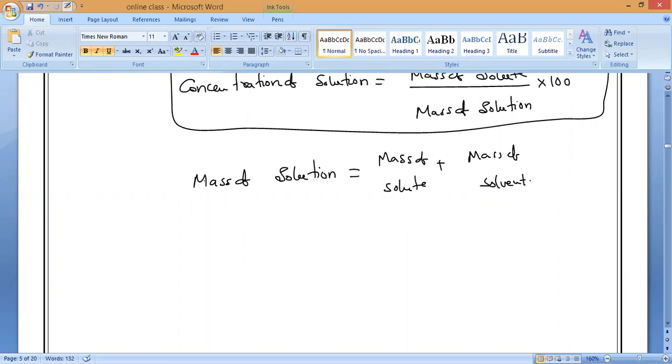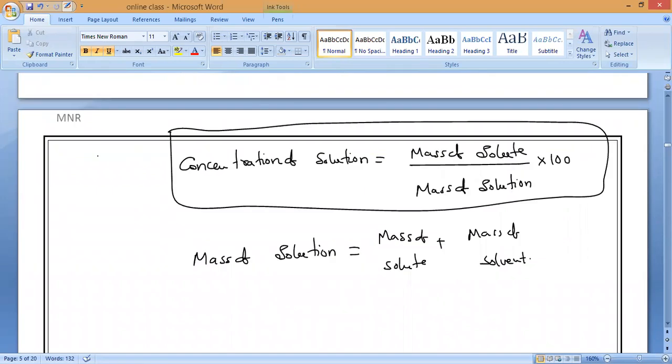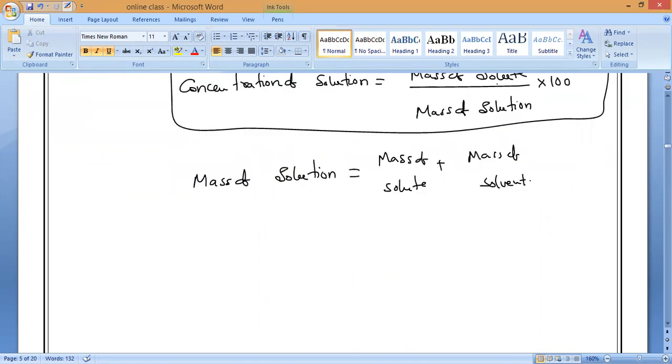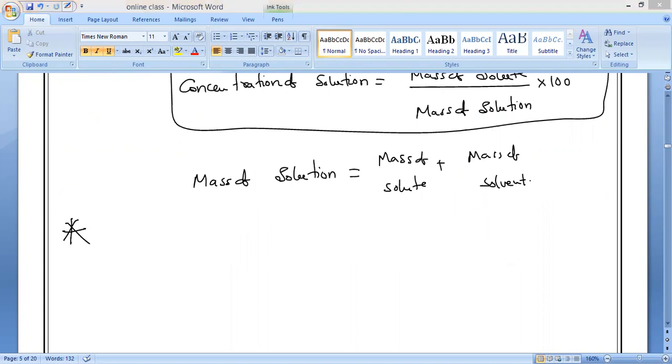That is why whenever a solid solute is dissolved in a solvent, we measure by mass. Yes or no, Omar? Now please note a case: a liquid solute dissolved in a liquid solvent.